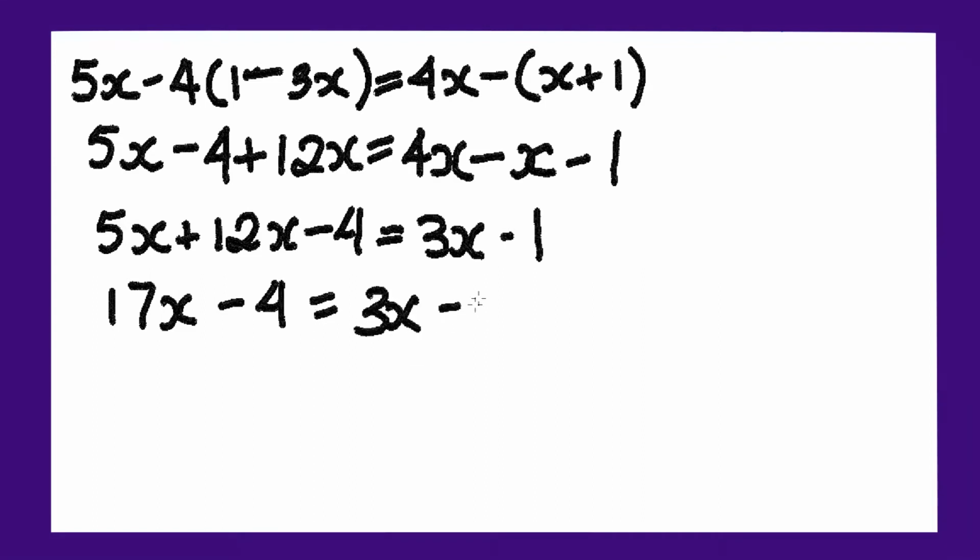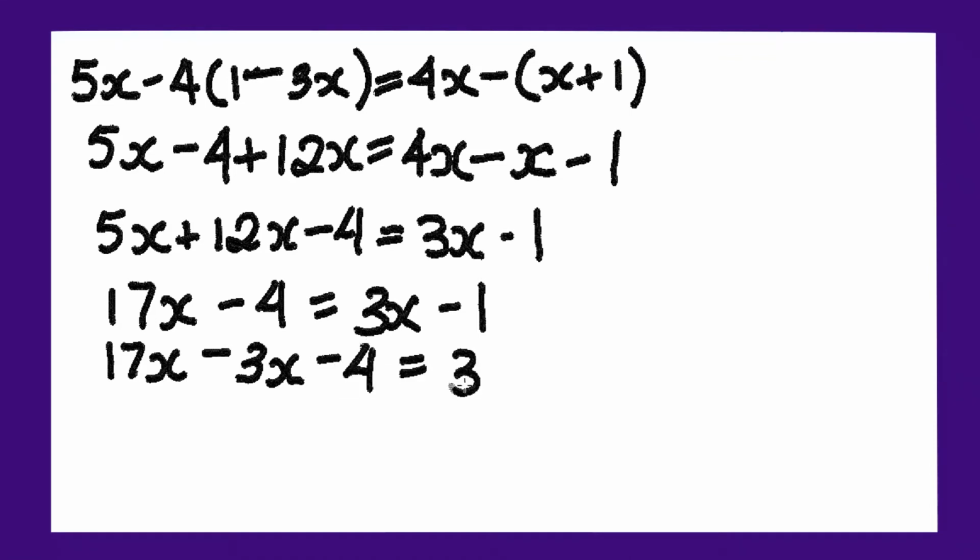Now, we are going to group our x terms on the left-hand side of the equation. And in order to do this, we are going to subtract 3x from both sides of the equation. So we have 17x minus 3x minus 4 is equal to 3x minus 3x minus 1.